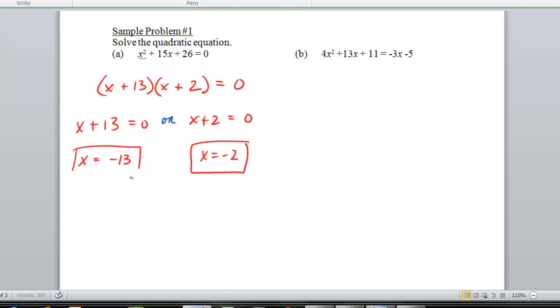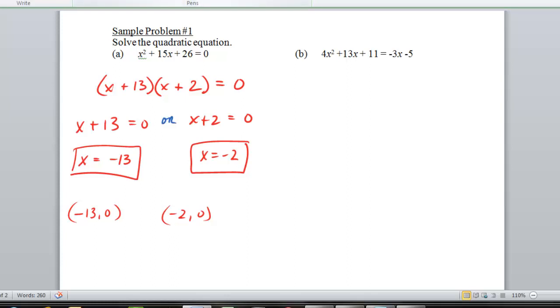Our two solutions are x equals negative 13 and x equals negative 2. If we were graphing this, these would be the zeros of the function, and they would represent the points where the graph crosses the x-axis, giving us the x-intercepts. But right now all we're looking for is the x value.